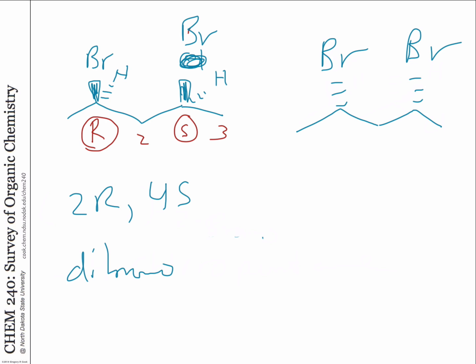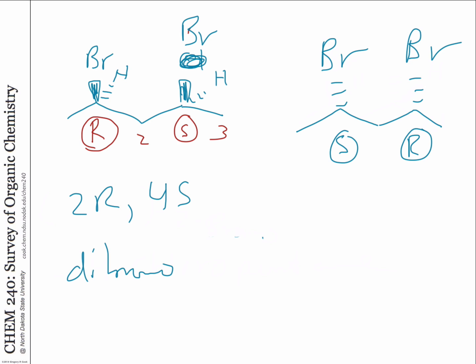What is the configuration in the molecule on the right? Well, this one is S, and this one is R. How is that the identical molecule? Well, you can number it from this side, 2R, 4S.